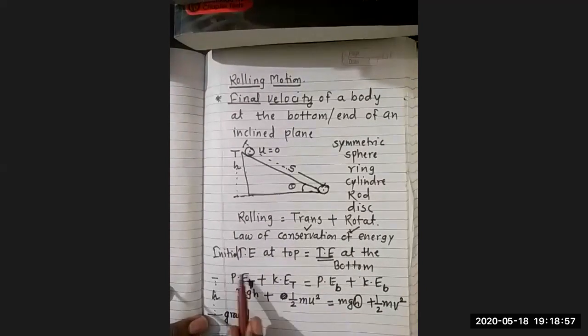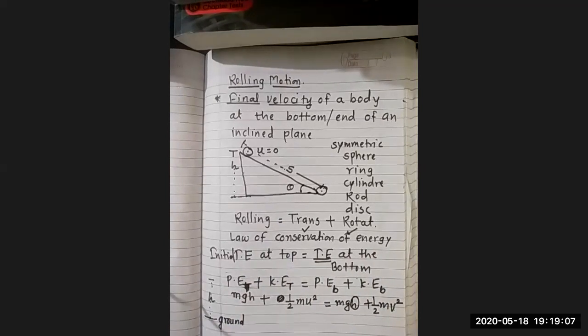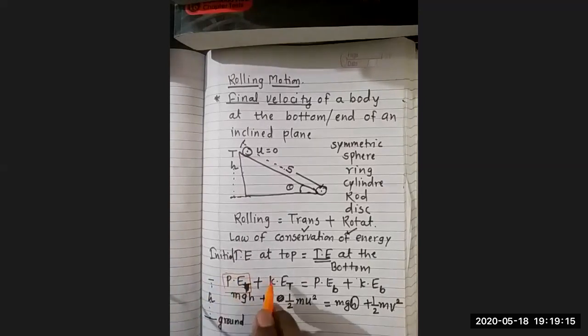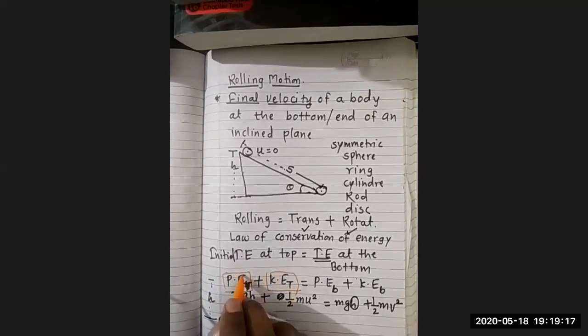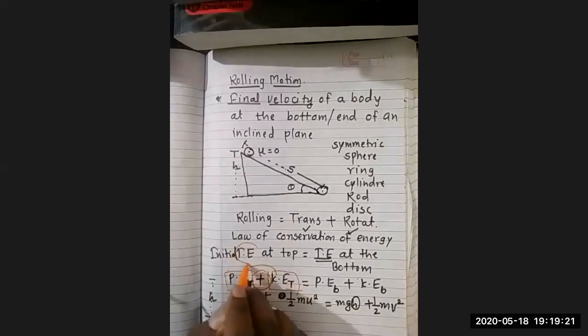Let's try to understand this particular statement again. What do you mean by the law of conservation of energy? That is nothing but the total energy. In the total energy, we have potential energy plus kinetic energy. The addition of these together is called the total energy, right?